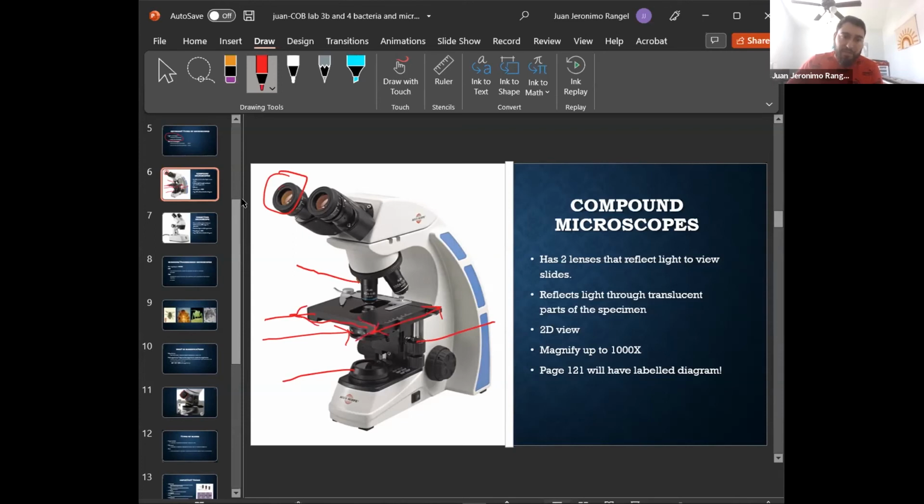Then we have the coarse focus knob. This is what moves the stage up and down, changing what's called working distance. And this is what allows us to focus the image. Then you also have the fine focus knob.